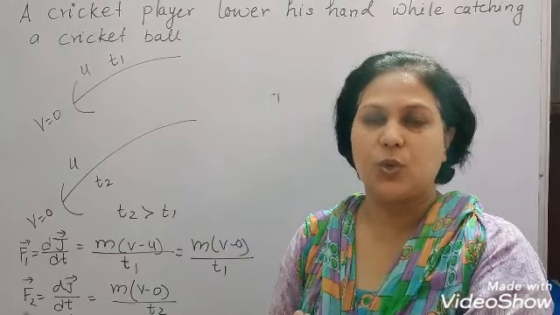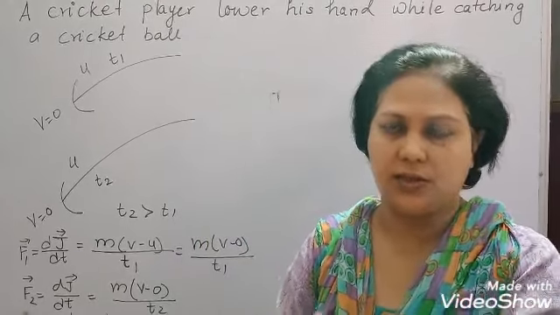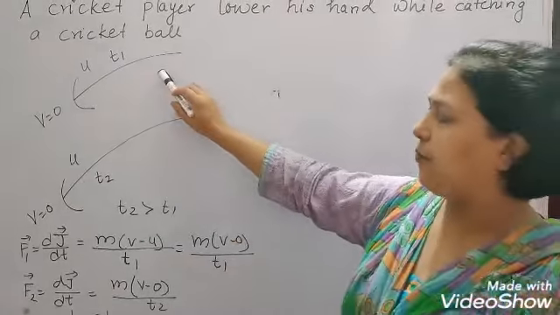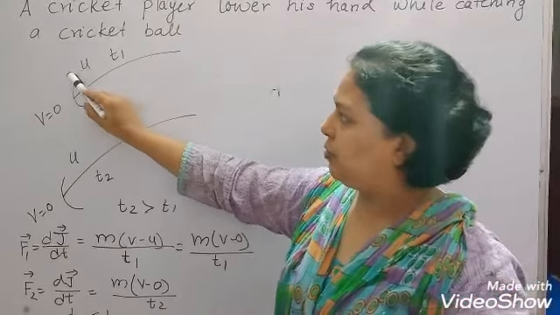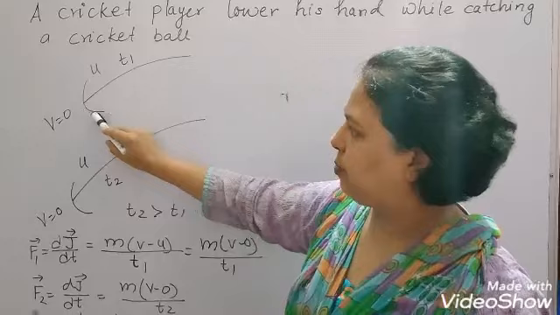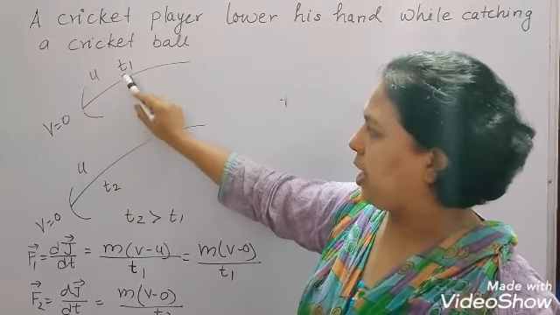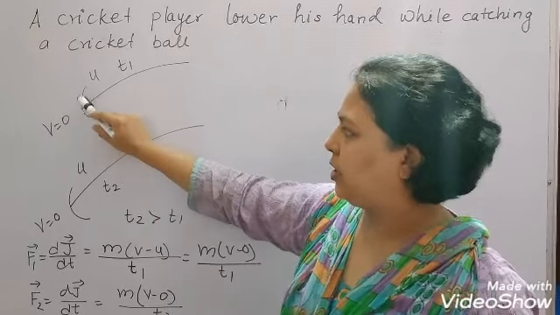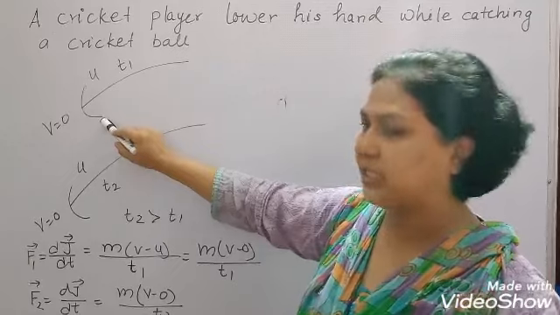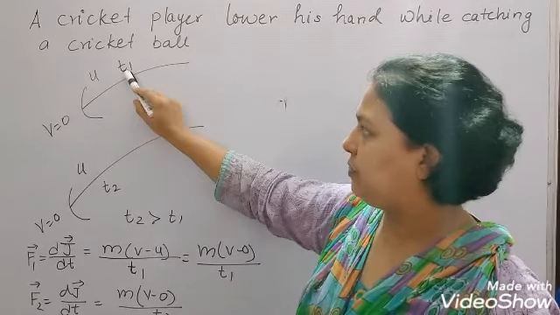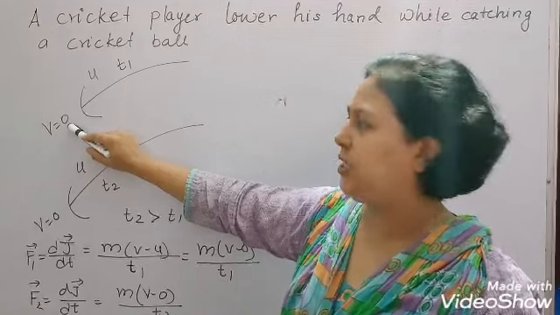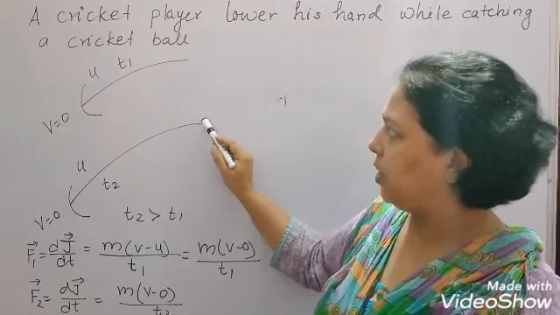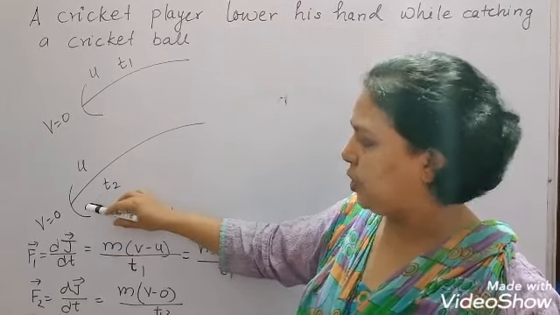Looking at the first case, the fielder is catching the ball, which is coming with velocity u, and after time t1 the velocity becomes 0. Now you can see the second case, when the cricketer has lowered his hand.